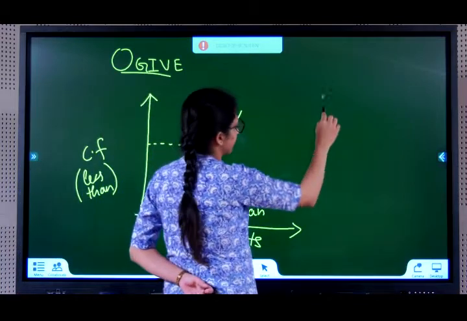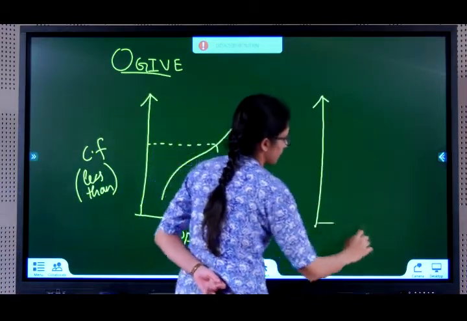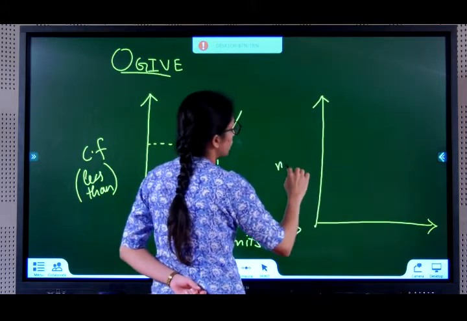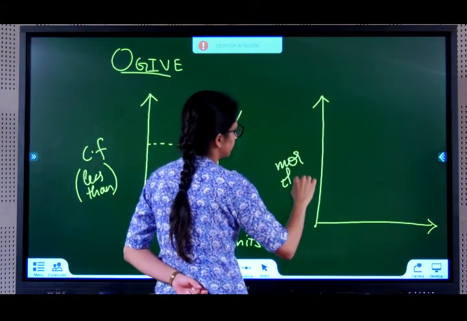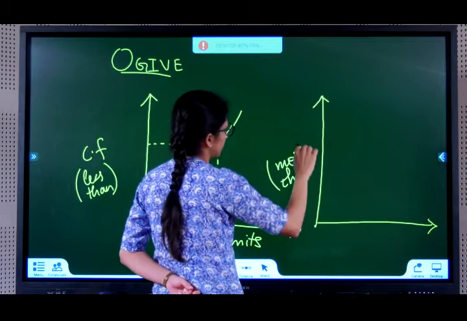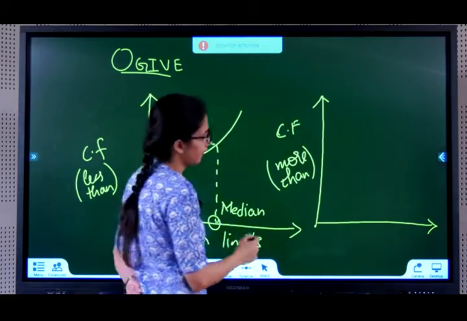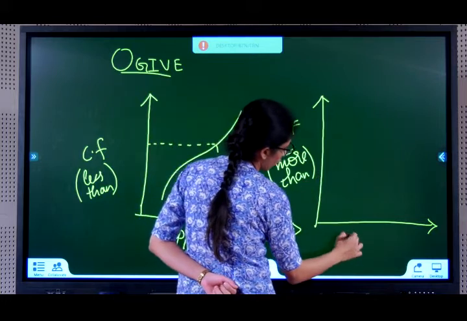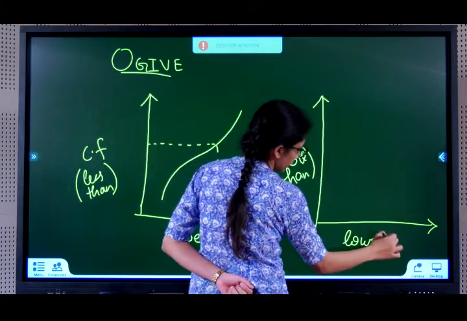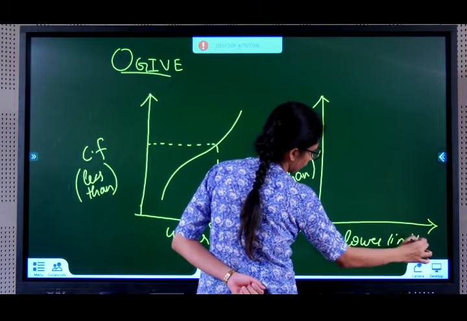For more than type, take the cumulative frequency of the more than table and plot it with the lower limits. Why lower limits? Because in more than you take lower limits, right?